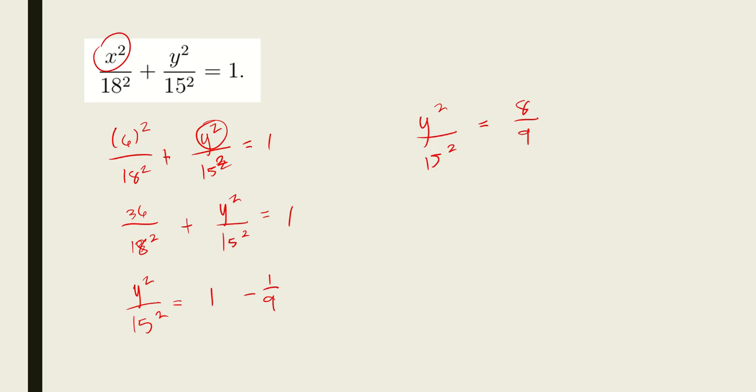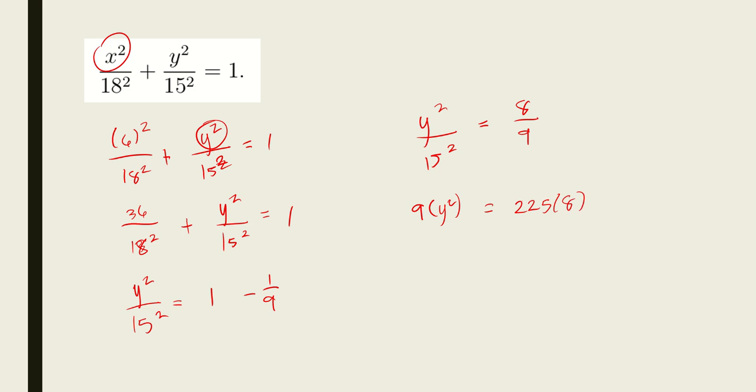So what we're going to do here, since these are two rational expressions from the left and from the right, you can have the cross multiplication. So that's 9 times y squared is equal to 15 squared times 8. You can equate that already. That's 225 times 8.